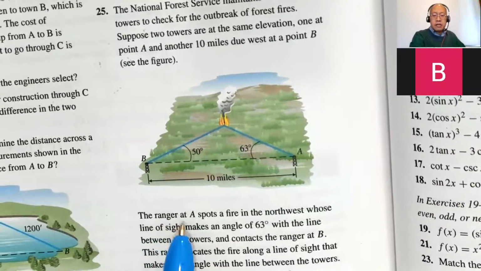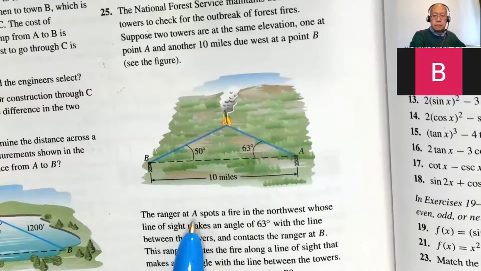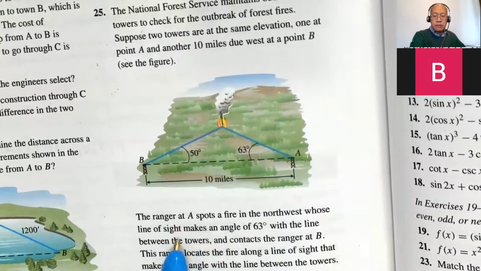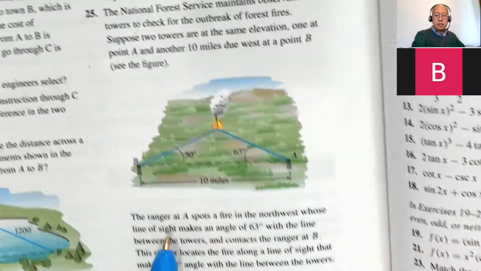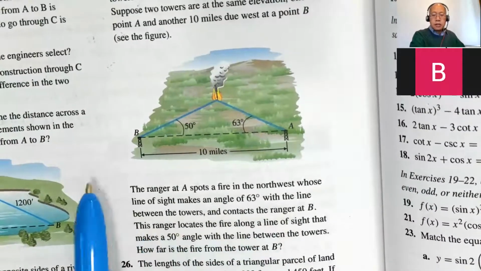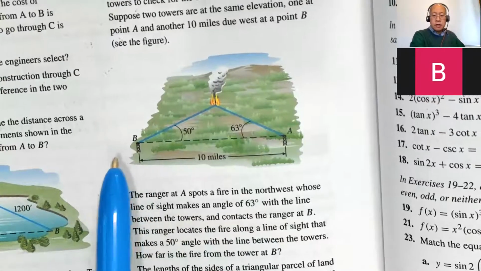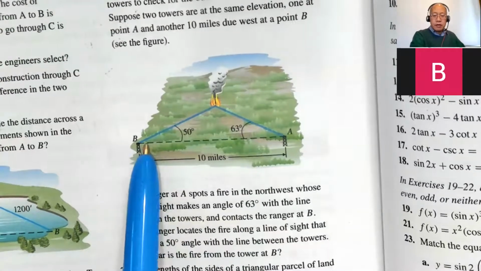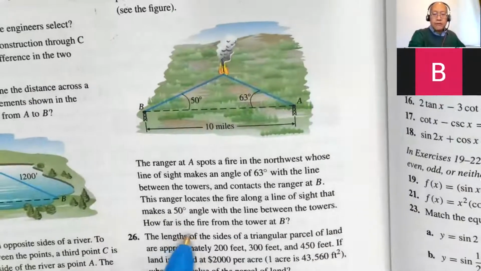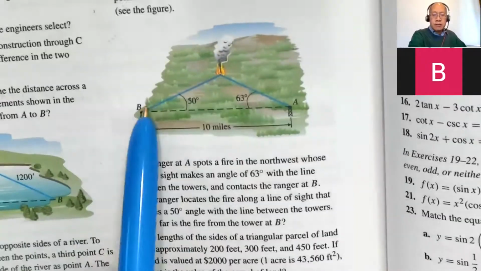The ranger at A spots a fire. The line of sight makes an angle of 63 degrees with the line between the towers. The ranger contacts ranger B, who locates the fire along the line of sight that makes an angle of 50 degrees. How far is the fire from the tower at B?